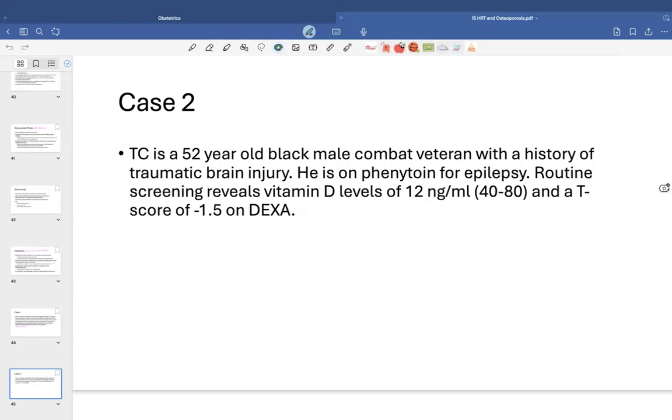The anti-epileptic phenytoin tends to interfere with vitamin D, and indeed, he has a low vitamin D level. Also, as a Black male patient, he probably is going to have a baseline vitamin D level that's low, even in the absence of phenytoin, because of the darker skin tone.